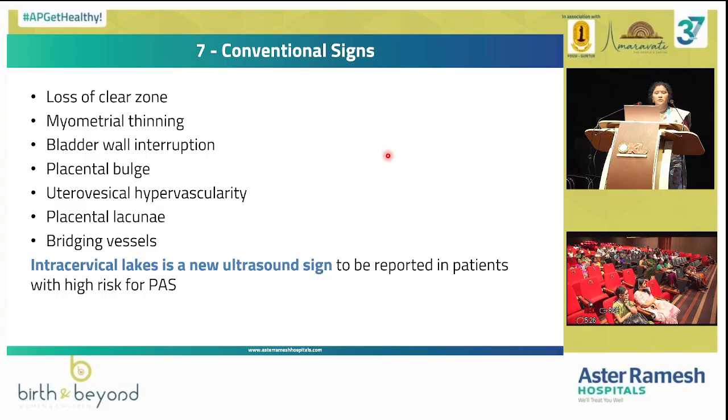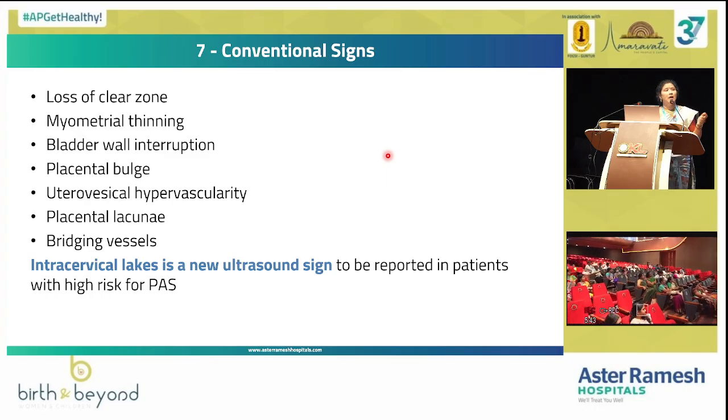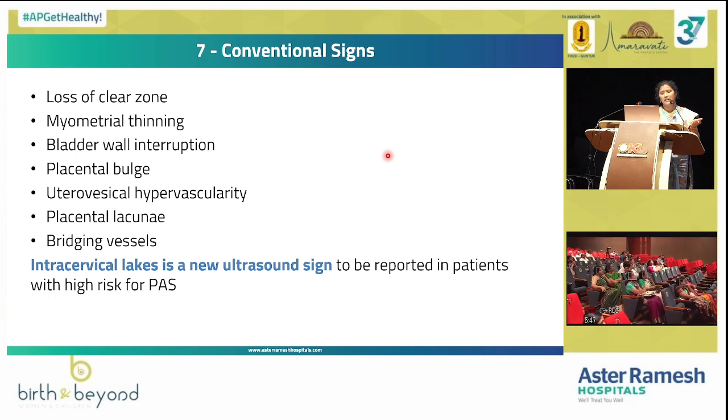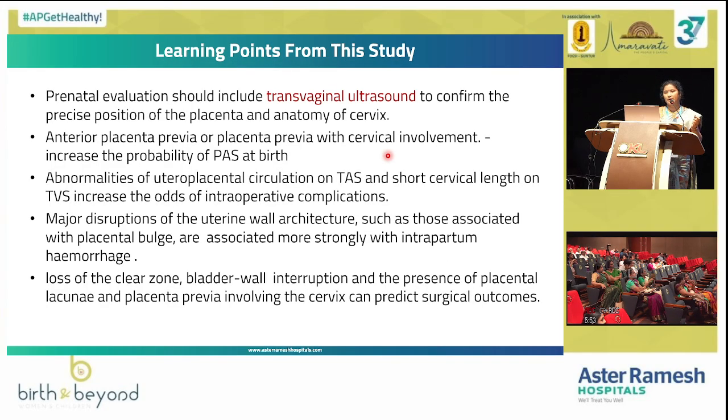They concluded that out of 11, 7 are the main signs. You should see whether there is a clear zone or not, myometrial thinning, bladder wall interruption, placental bulge, uterovesical hypervascularity, placental lacunae, and bridging vessels. And they came up with a new thing: intracervical lakes is a new ultrasound sign to be reported in patients at high risk for placenta accreta spectrum.